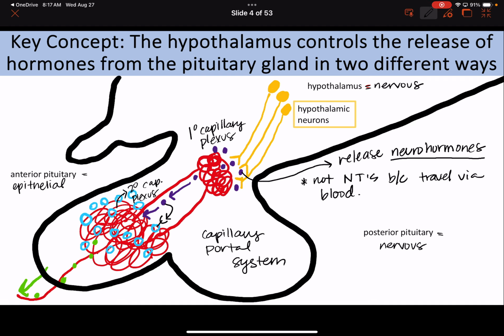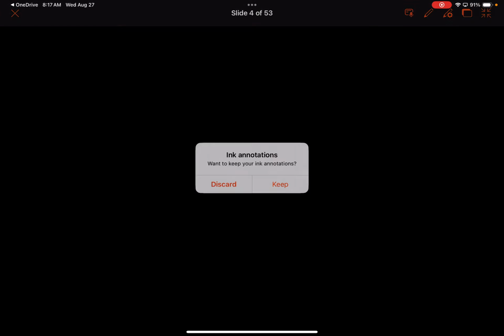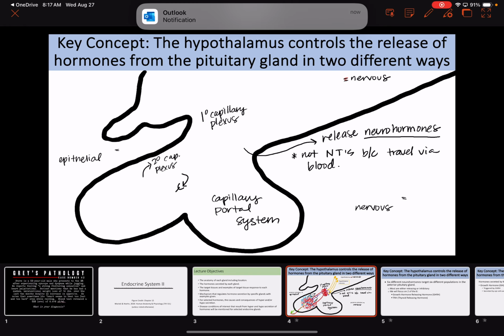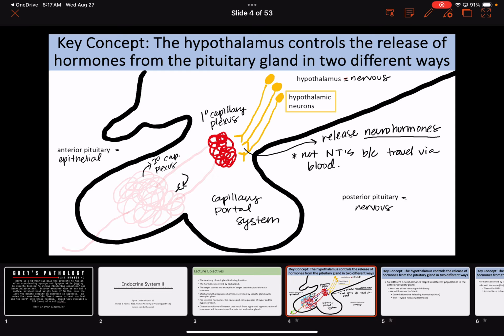Yeah. So there are no receptors when the neurohormones are released in that blood vessel where the primary capillary is? Are you talking about this capillary bed here, the first one?